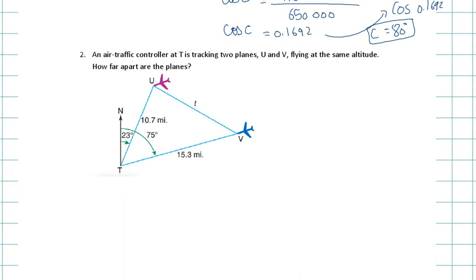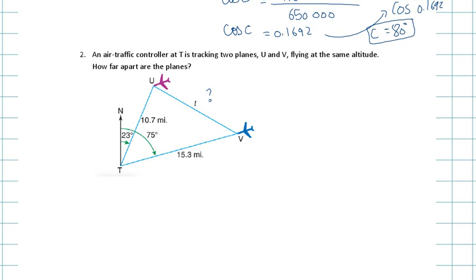Good. Now what kind of information do I know? So what is my contained angle? 75 minus 23. I'll talk about that in a second. I have the two sides. I have TU, so I have the distance from the traffic controller to the airplane U, and I have the distance from T to V, right?